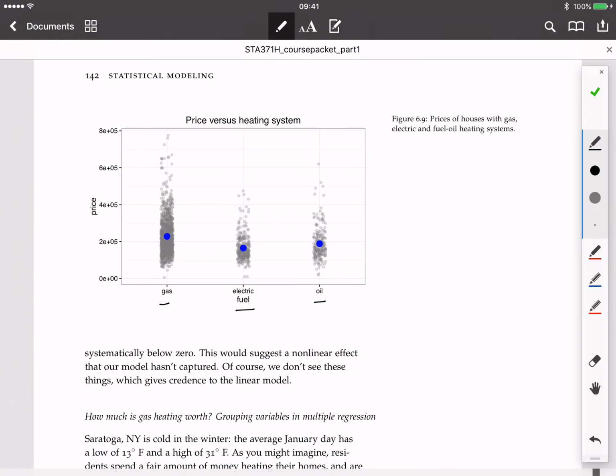The gas-heated houses tend to be higher on average. The electric heated houses tend to be lower on average, and the fuel oil houses tend to be somewhere in the middle. So there are some clear differences in average sales price for houses with different heating system types. And the question is, how much is gas heating worth?